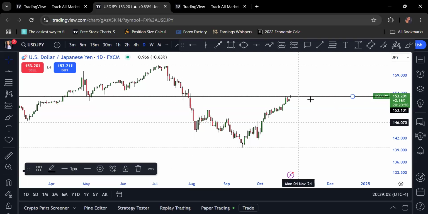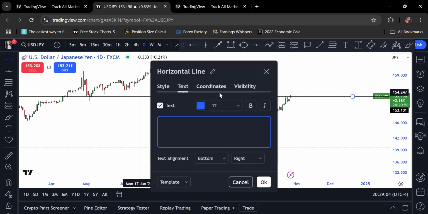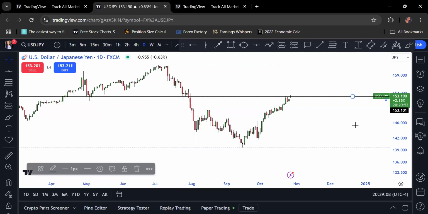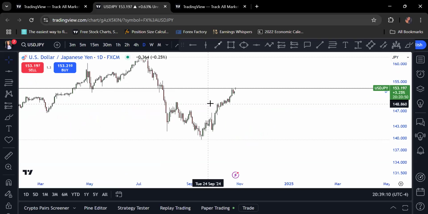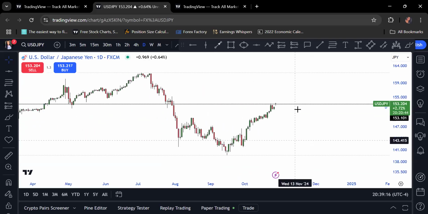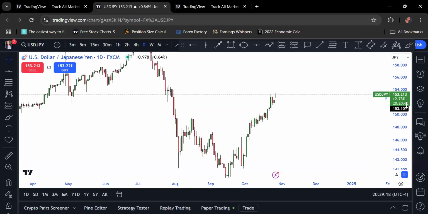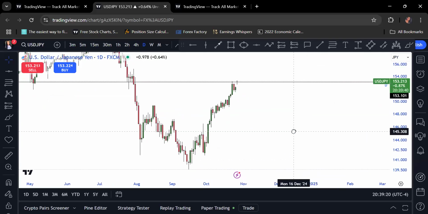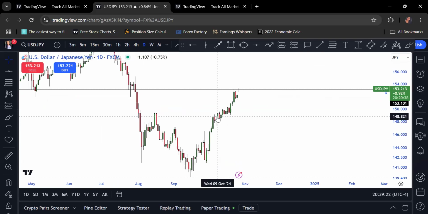So we have that. Also notate your levels just so you know what time frame it's on, because when you don't, you want to be organized whenever you're marking up your chart. You don't want too much, you want it clean. For the most part, it is going in an uptrend now.